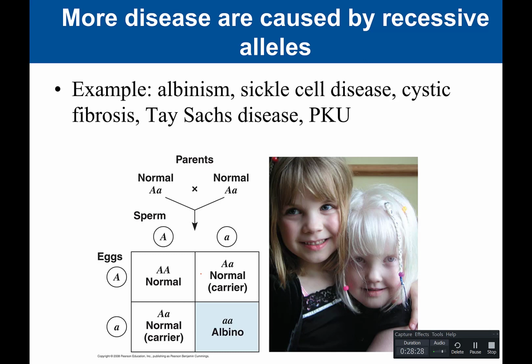What is the probability that the son is a carrier of PKU? So if you look at this, right, out of all the possibilities, 2 out of 4 would be a carrier. But notice that's not the way the question was asked. The question was asked, they have a child who does not have PKU.